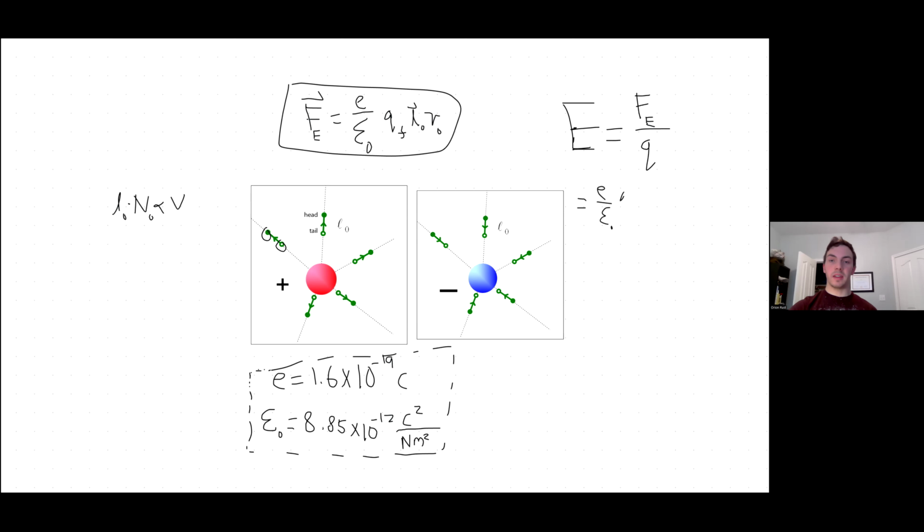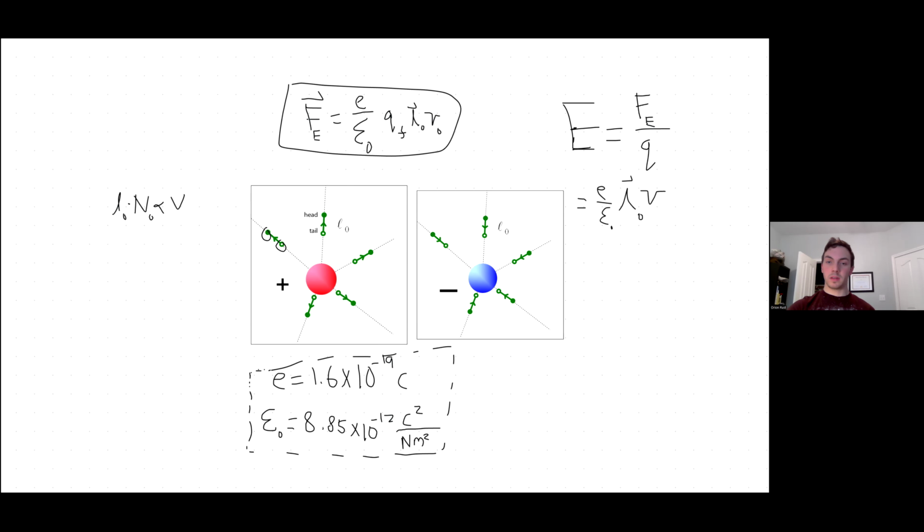And notice that this is a vector quantity, so it's going to affect the direction of our force. Essentially, the same direction that the thread is heading is the same direction that the force exerts. And this is where we get our electric force from.